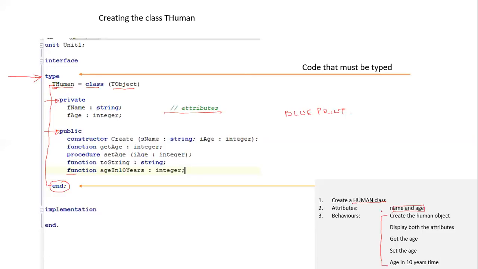So we wanted 2 attributes, name and age. So I create an attribute fName and fAge. As a convention, we precede the attribute with an F. That's just a nice convention to use. It's not compulsory, but it's a good idea to precede it with an F so that we know that represents the attribute.